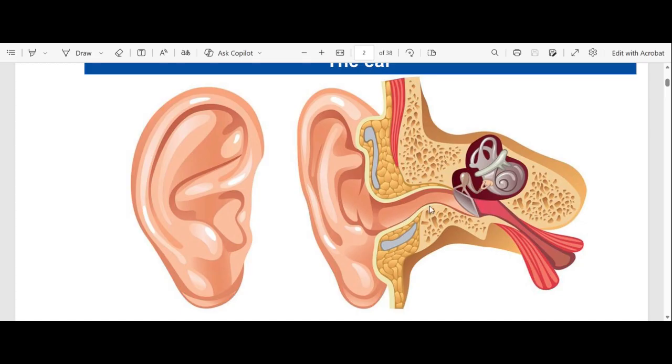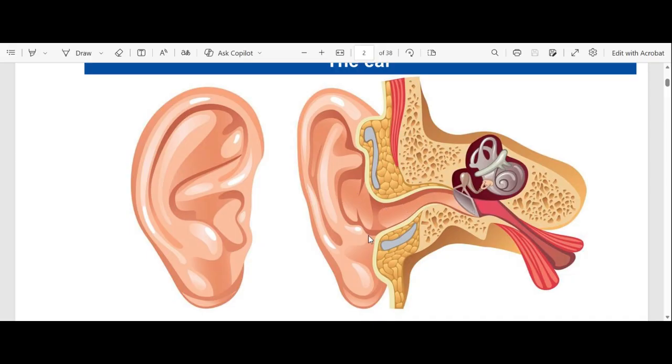This is the auditory canal, right? And after the auditory canal, we have our tympanic membrane or eardrum, right? So this is just an overview.